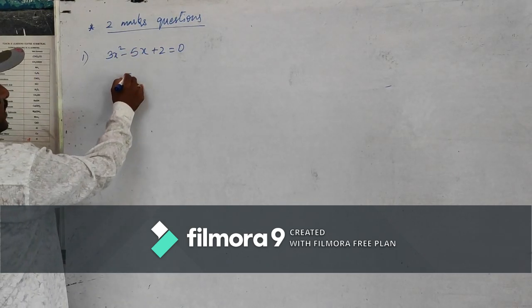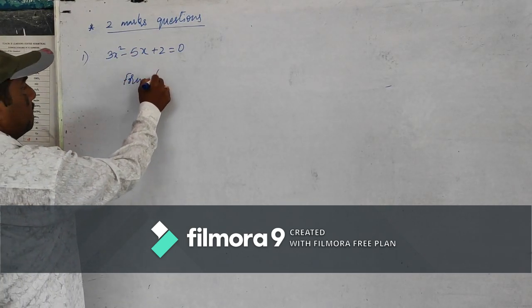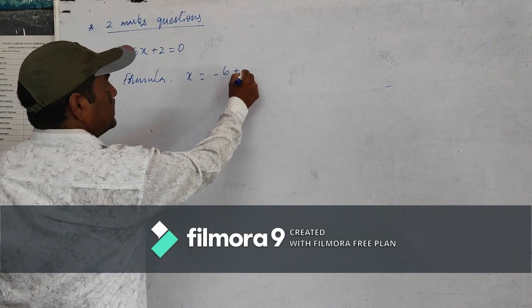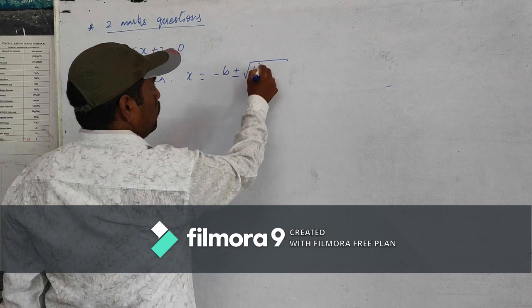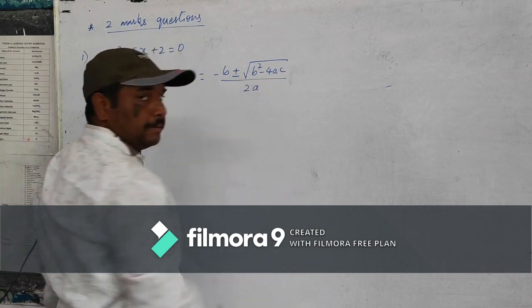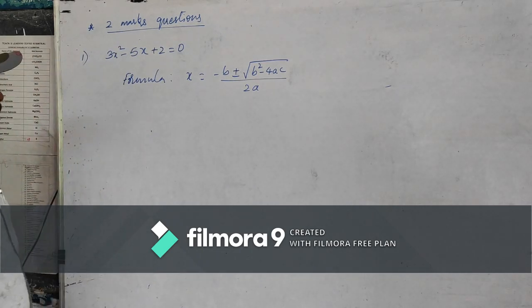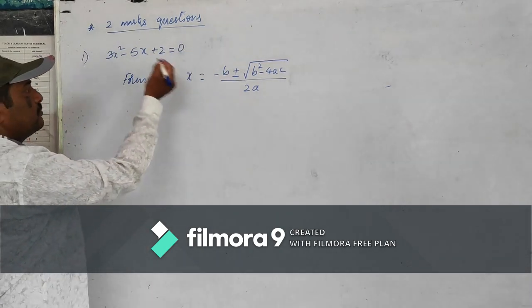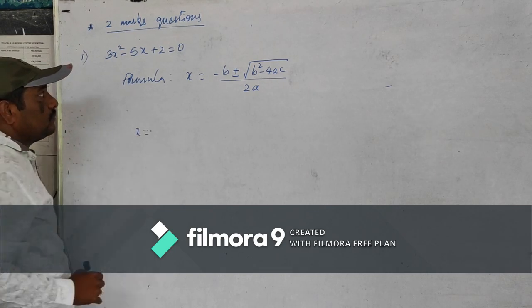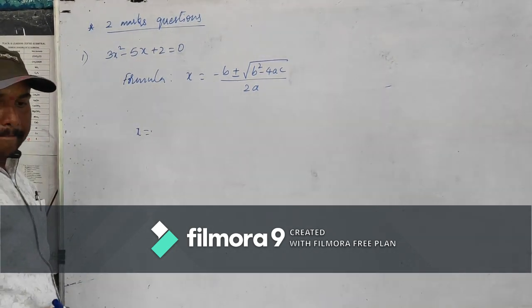Now what is the formula here? x is equal to minus b plus or minus under square root b square minus 4ac divided by 2a. Now substitute the values here. x is equal to minus b.